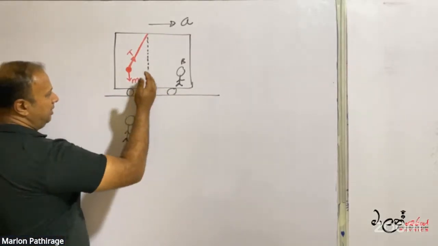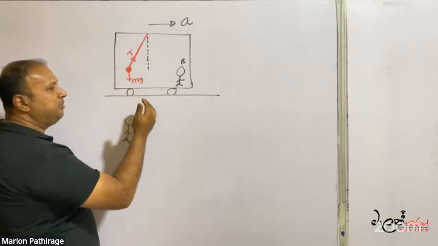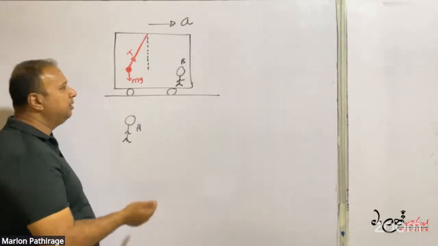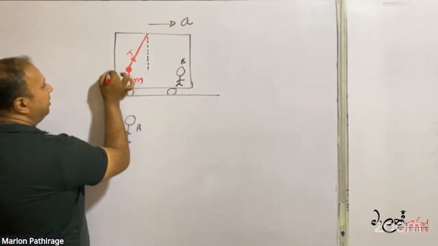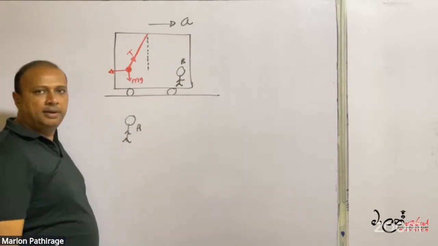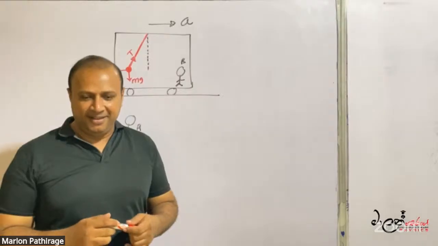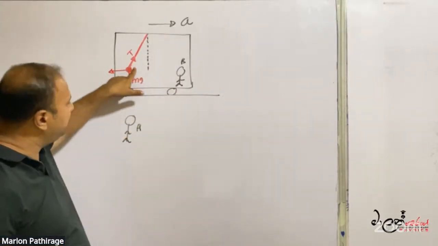Therefore, this man can see this object, but this object is inclined. Therefore, how to explain that motion? Definitely, there should be a force into this direction with respect to this man. Otherwise, he cannot say anything. With respect to this man, this object is in equilibrium condition.